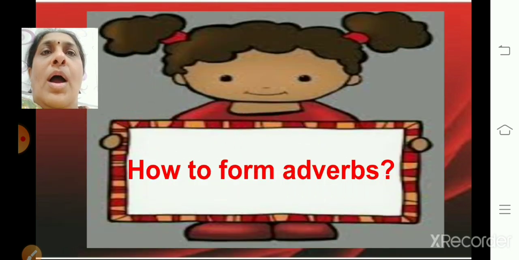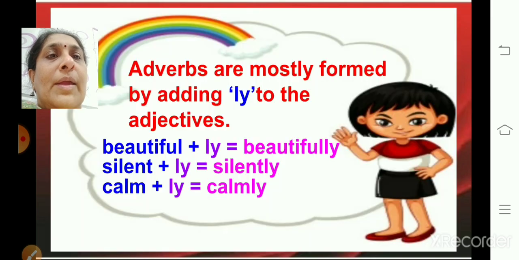Now, how are adverbs formed? How do we form adverbs? Adverbs are mostly formed by adding ly to the adjectives. Beautiful, when we add ly, it becomes beautifully.